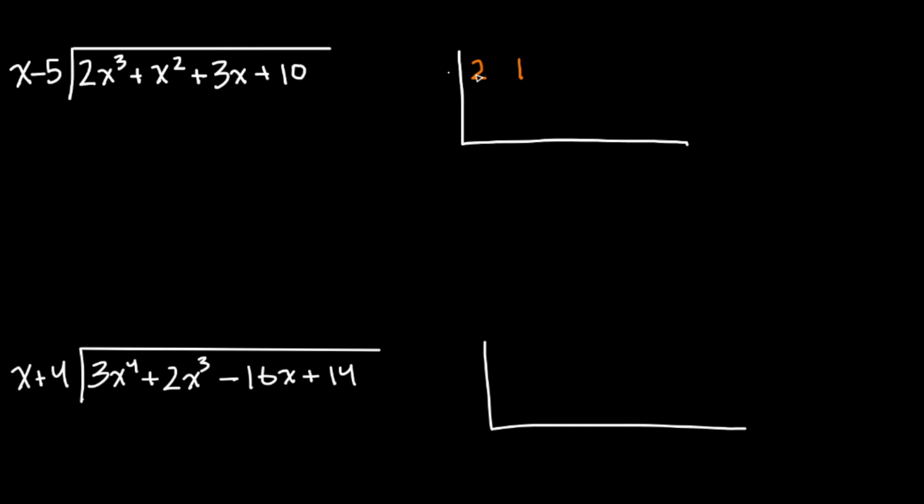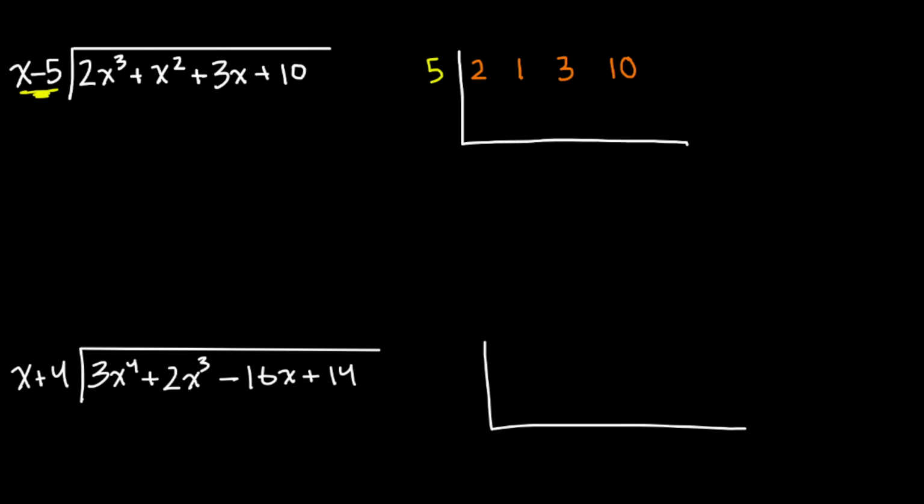This coefficient would be 3, the x coefficient. And this coefficient would be 10. Now, let's write down the opposite of whatever's over here, and that would be positive 5 instead of negative 5.